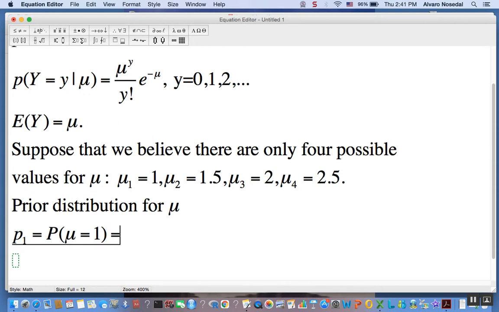So what we would have here is this: the probability that mu equals 1 is the same as the probability of mu being equal to 4, and that is some number between 0 and 1 that I'm calling P1.